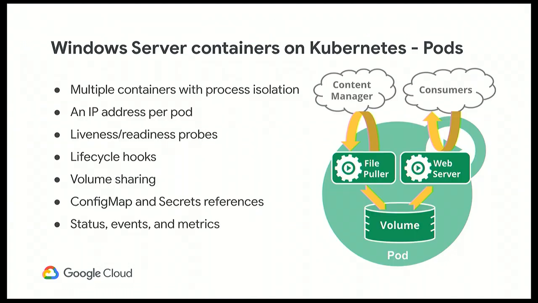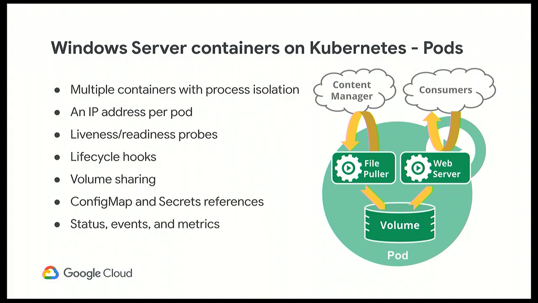With the Windows nodes, now you can run Windows pods. A pod is composed of multiple containers. It's the basic scheduling unit in Kubernetes. Containers in the pod share a single IP address. They can share volumes to access the same set of data.